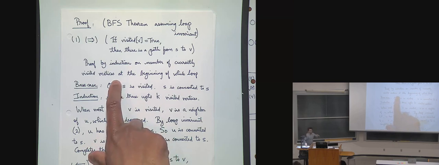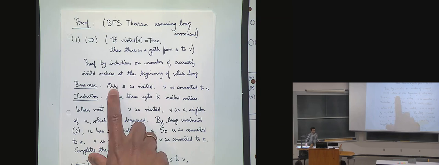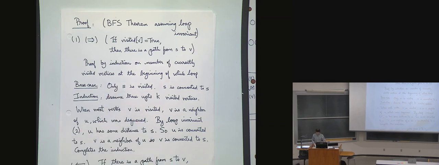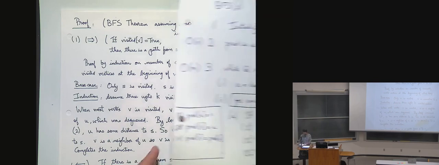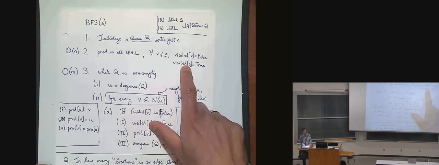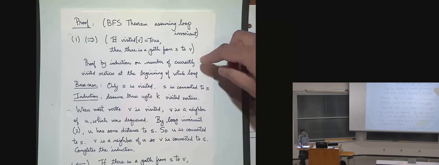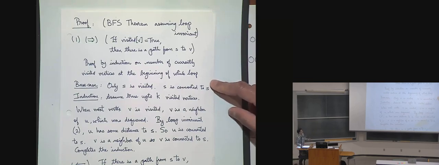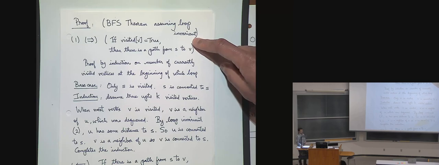This is like 0 iterations of the loop, which means that only S has been visited. Because if you recall the algorithm, before anything is run, S is visited. So only S is visited. S is obviously connected to S, so the statement is true.